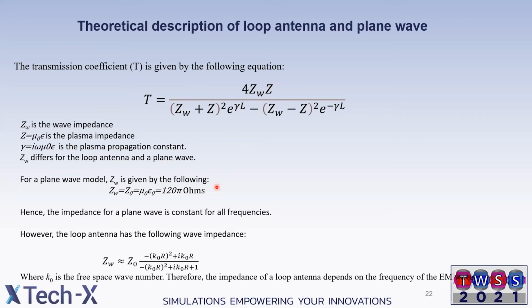And so the important thing in this equation is that Z sub W is different for a plane wave and a magnetic dipole antenna. And in fact, for a magnetic dipole antenna, it's frequency dependent. So whereas you can't get any improvement with the impedance matching with a plane wave, you can with a magnetic dipole.